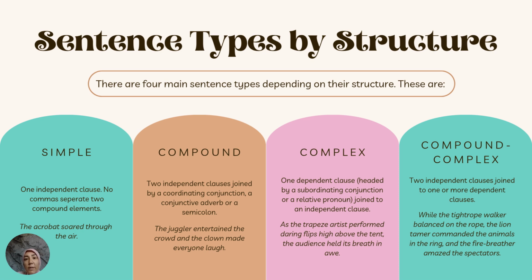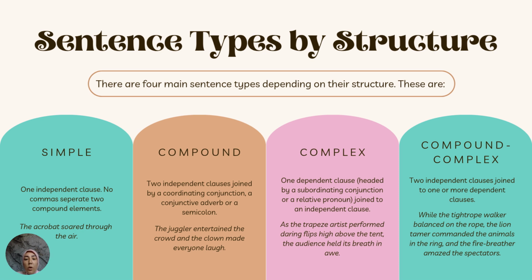Complex sentences. Complex sentences consist of one dependent clause and one independent clause. And they are also combined by subordinating conjunctions or relative pronouns. For example, as the trapeze artist performed daring flips high above the tent, the audience held its breath in awe. So here, these two clauses are combined by subordinating conjunction as. And there is another type, compound complex, two independent clauses joined to one or more dependent clauses.